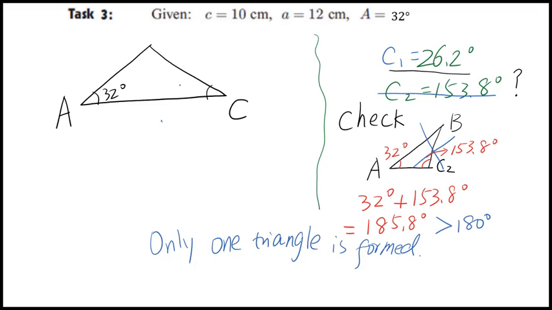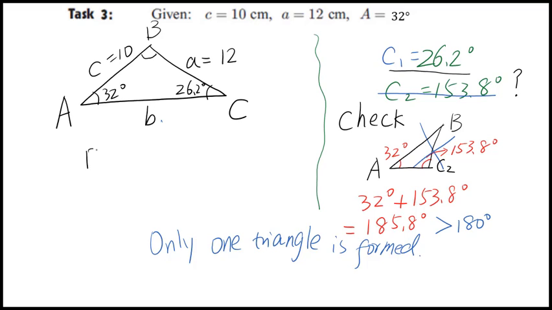This is a 26.2 degree. Let's label this is a B, and here's B. This is A, and here's C. We know C is 10, A is 12. We need to figure out B and also this angle B.